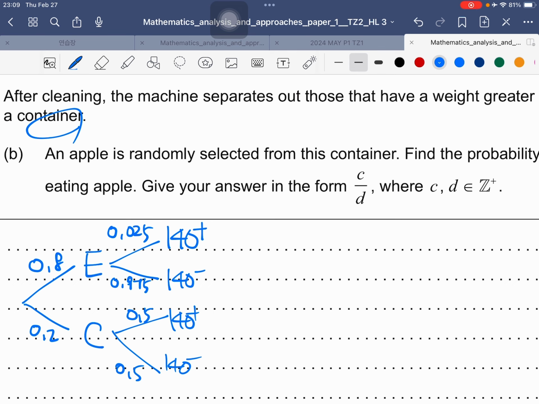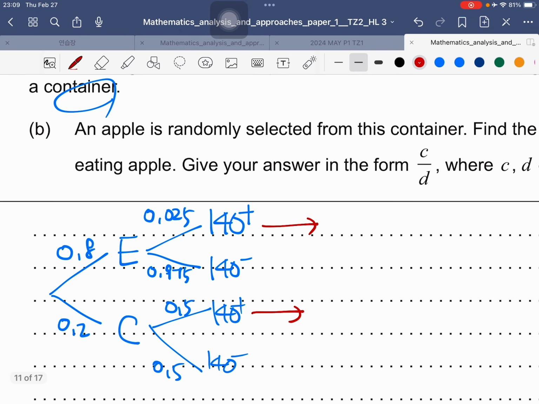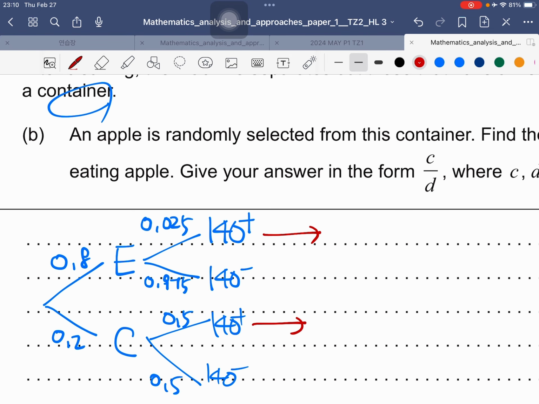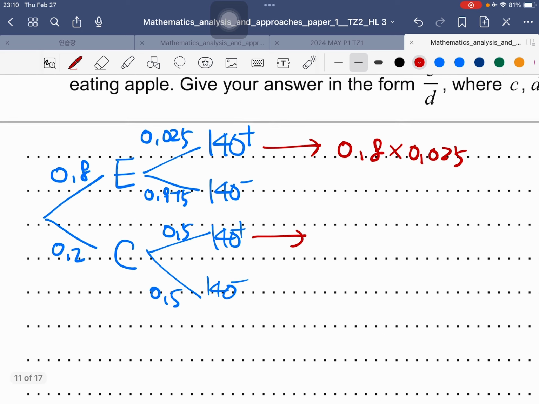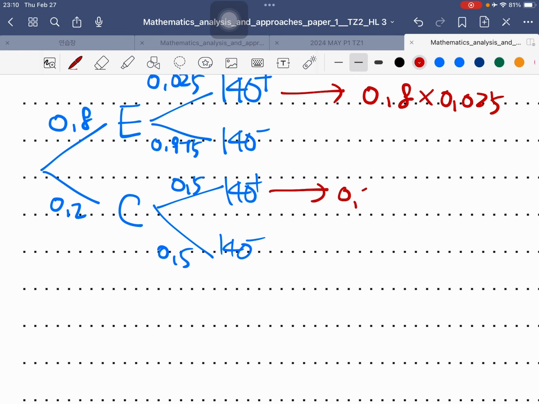More than 140 only happens over here and here. The probability of eating apple more than 140 is 0.8 times 0.025, and the probability of this event is 0.2 times 0.5.